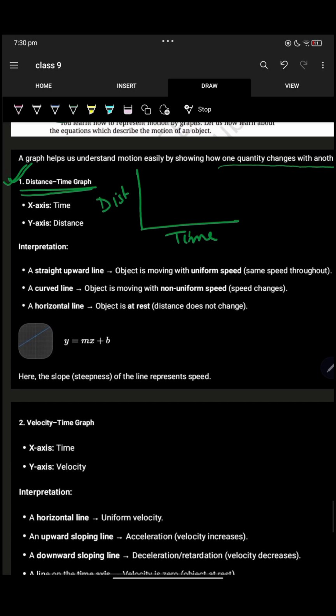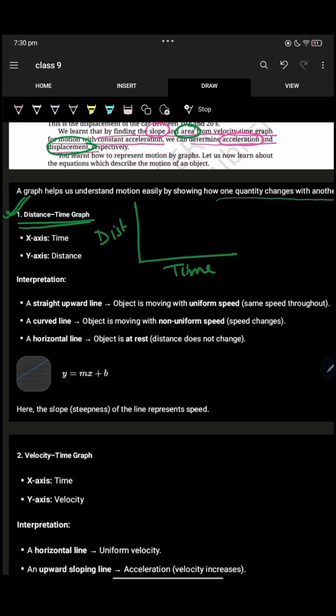An interpretation is a straight line, upward line. If it is, then it shows uniform speed. If it is a curved line, then it shows non-uniform speed. If it is a horizontal line, distance does not change with respect to time. So the object is at rest. These are the three things that you have seen.